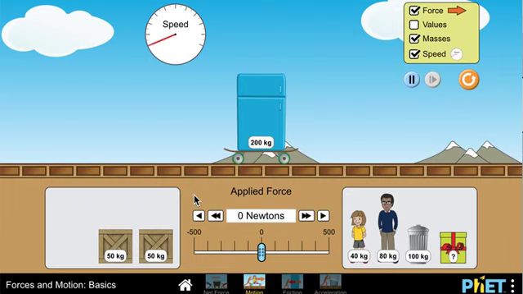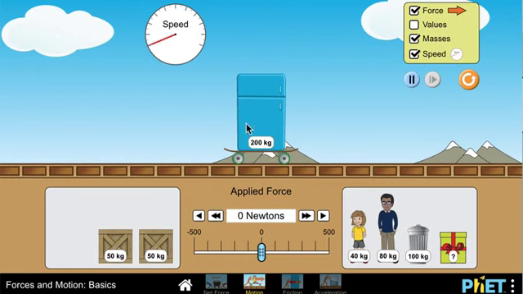You're not going to be able to accelerate it as much. Okay, so let's have a look. So here I've got a 200 kilogram fridge, and so we've said that if the force is constant, then the acceleration increases when you decrease the mass, and when the mass increases, the acceleration decreases.